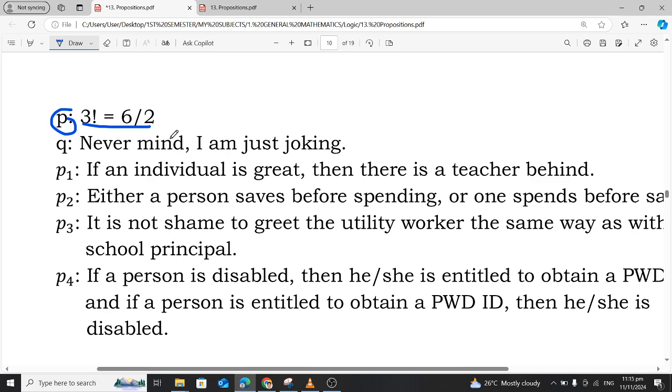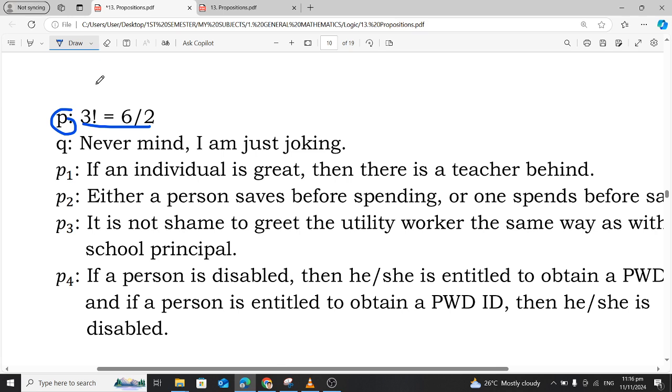Pero sa math, dili na siya necessary nga naay period, class, sa equation, no? Sakto na siya. 3 factorial is equal to 6 over 2. So, declarative sentence na siya sa math, though wala siya period. Okay? Considered na siya declarative. Now, pangutana, naa ba siya truth value? Yes.